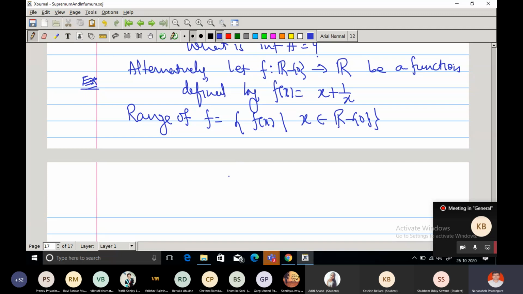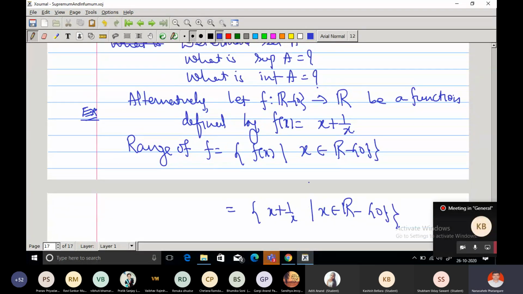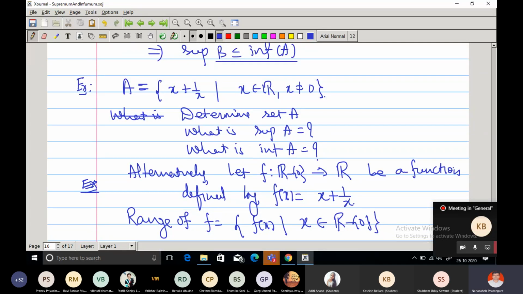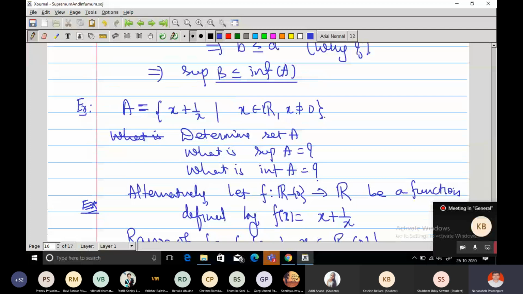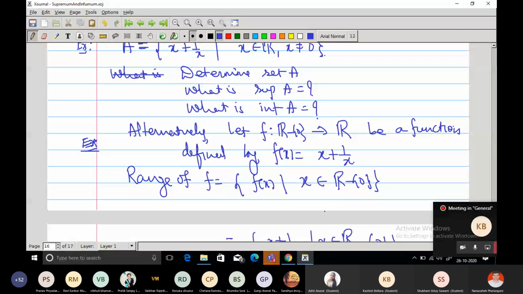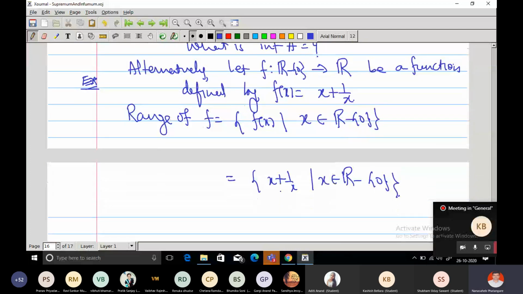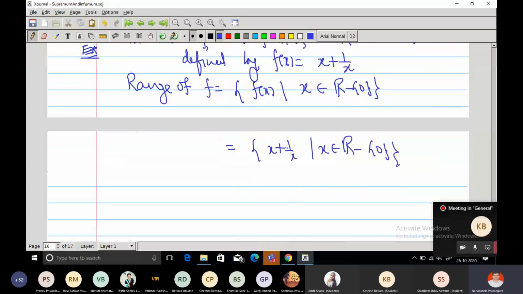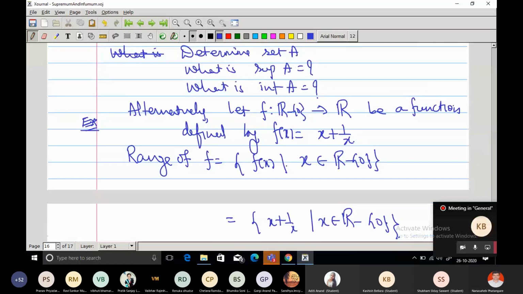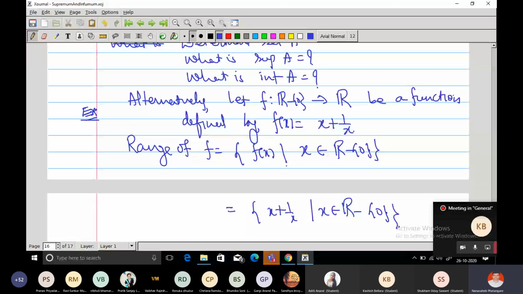By definition, f of x is x plus 1 by x, and ultimately this is exactly our set A. Therefore, the range of this function is this set. If you want to determine this set, you want to determine the range of this function, and once you determine it, you can understand what is the supremum and infimum. Is it clear? Yes, sir. This is an interesting exercise.